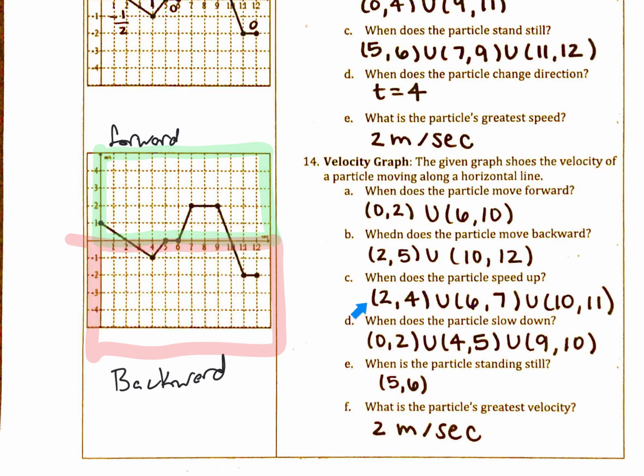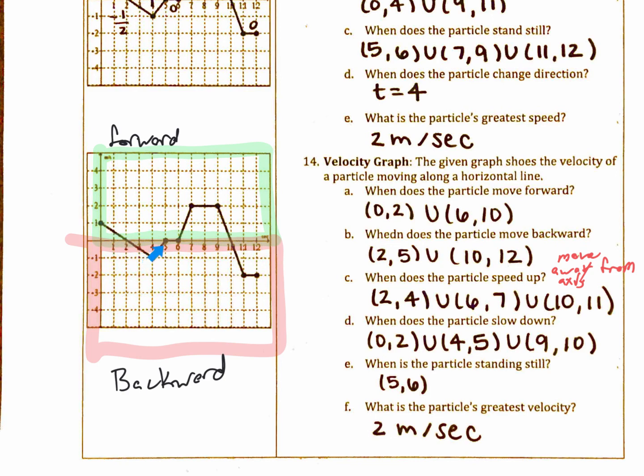When does the particle speed up? Speed up, aka accelerate. When does the particle accelerate? This means when does it move away from the x-axis? So it looks like we're speeding up. We're accelerating between 2 and 4.